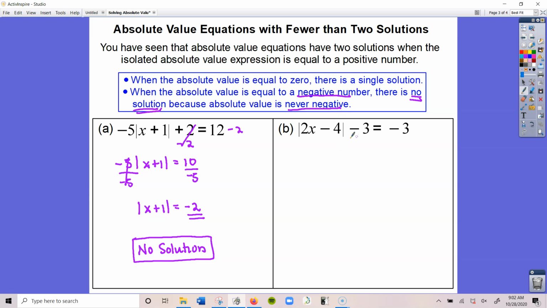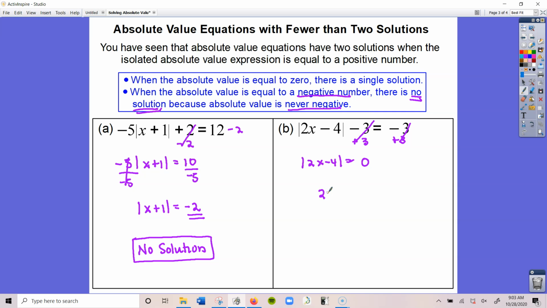Now let's look at when we have one solution. If I were to add 3 to both sides, I get the absolute value of 2x minus 4 is equal to 0, since the 3 canceled out. If you have an absolute value equal to 0, you know how we normally separate into two equations, the positive and the negative. But 0 is neither positive nor negative.